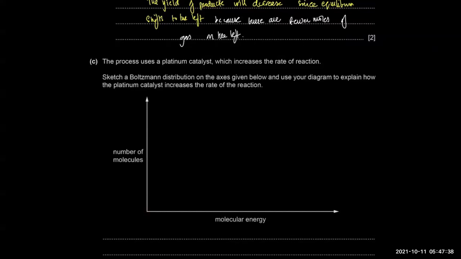All molecules have some energy. So it will start from the origin, right? And then it's sort of an asymmetric distribution like this. Like that. You just have to sketch it out. Now, if I wanted to show the effect of a catalyst, what do I have to show on the diagram?